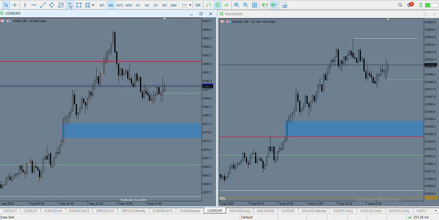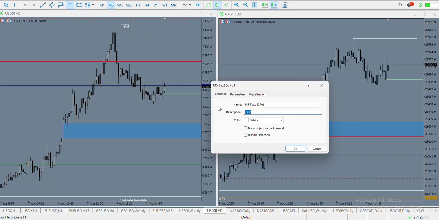So we have this old high here. If we go above this high, this is also a buy side liquidity pool resting above this high.